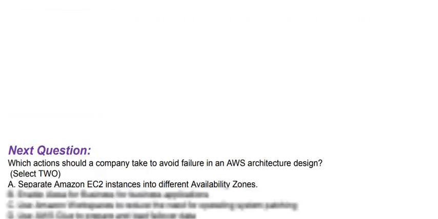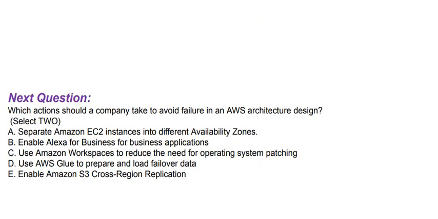Next question is, which actions should a company take to avoid failure in an AWS architecture design? Select two options. Option A, separate Amazon EC2 instances into different Availability Zones. Option B, enable Alexa for Business applications.